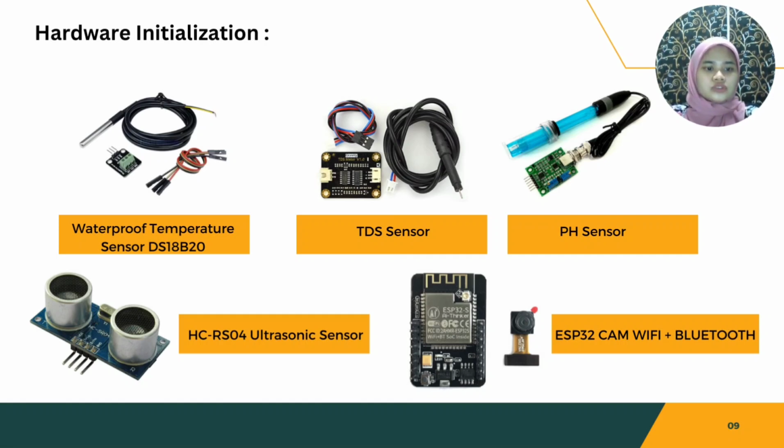Fourth, we use the HC-SR04 ultrasonic sensor, used to determine the distance to the water. And lastly, we use the ESP32-CAM, Wi-Fi plus Bluetooth, used to capture pictures of the plant over time.